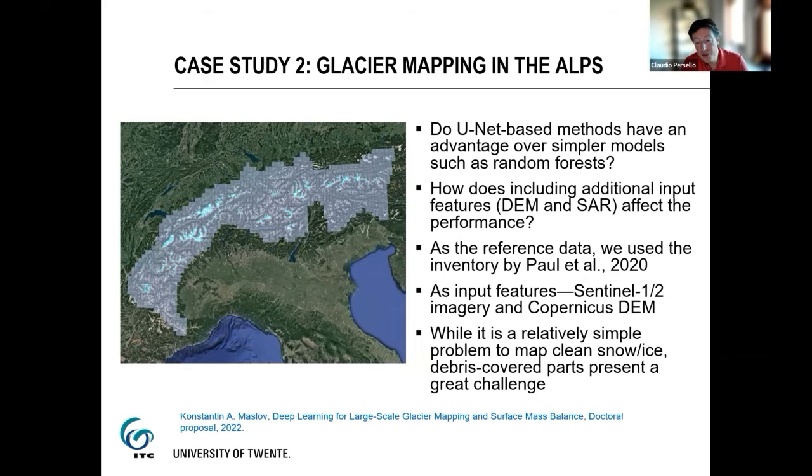And one of the challenges that he's facing, and we are all facing, is that it's relatively simple to map clean glaciers when the ice is clearly visible. But when it's covered by debris, that makes it quite challenging to detect the glacier under the debris.